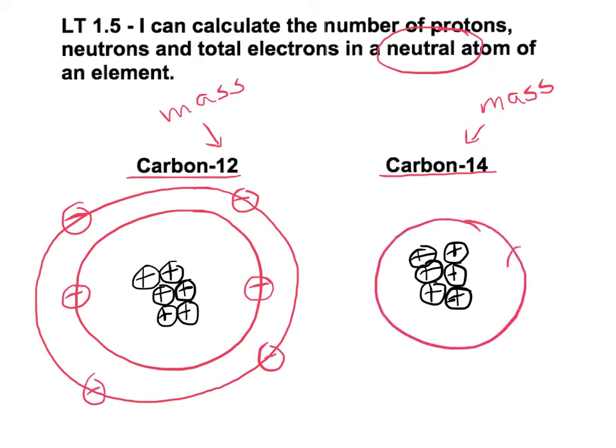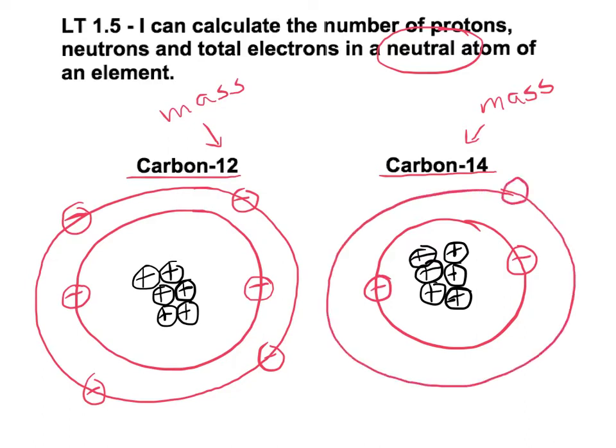Let me do the same amount of electrons for carbon-14. How do I know that it's the same amount of electrons? Because it's the same amount of protons, and the protons have to balance out the electrons in a neutral atom. That's the important thing to realize, this is a neutral atom, and because it's a neutral atom, my protons have to equal my electrons.